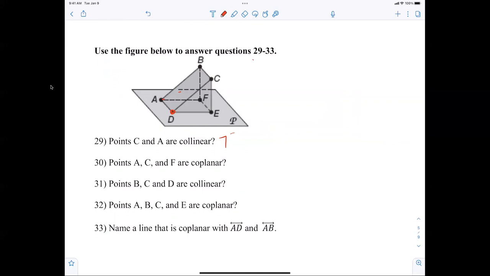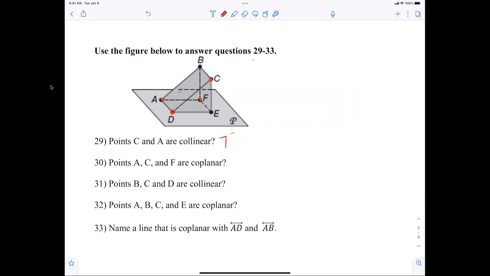Line. So coplanar probably means they're in the same plane, right? The question is, if you're looking at this three-dimensional shape, are A, C, F in the same plane that's drawn? They're not in the same plane that's drawn, but is there a plane that goes through those 3 points? Yes. Is everybody with me on this?